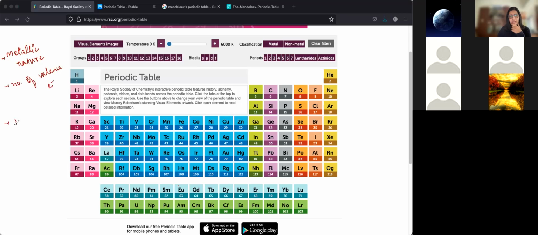Do you have ionization energy? In the textbook, it is not there, just in the chapter notes it has been given. Ionization energy, electron affinity. Atomic size, the atomic radius. Atomic size is quite important.